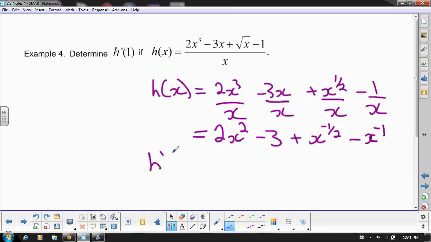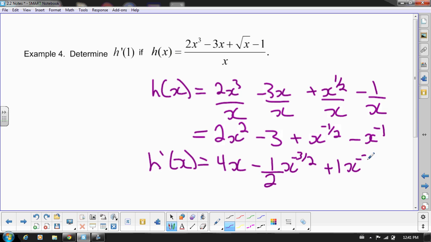Now I'm ready to get the derivative. So h prime of x. So this is 4x. The 3 goes away. Minus 1 over 2 x to the negative 3 over 2 plus 1 x to the negative 2.